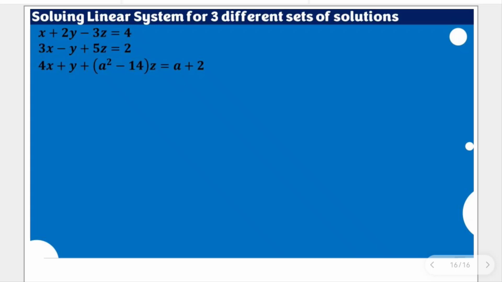In order for us to do this, let us try to come up with the augmented matrix for this. But please don't forget that the A representation is for the constant. So we're going to place the variable A as a constant as our entry of our augmented matrix. So we have it here.